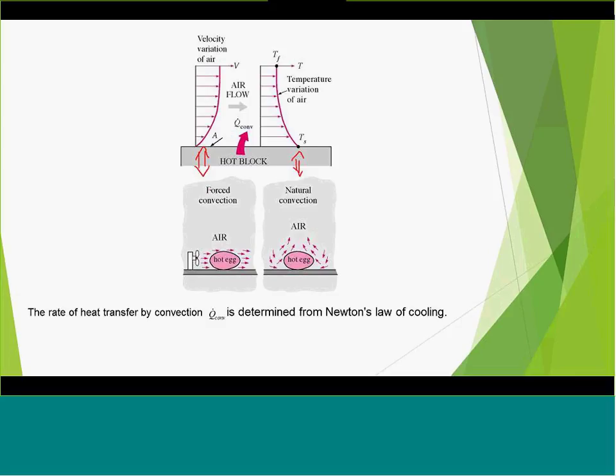With forced convection, we have airflow, and the temperature at the level will be the same, plus the velocity of the air.